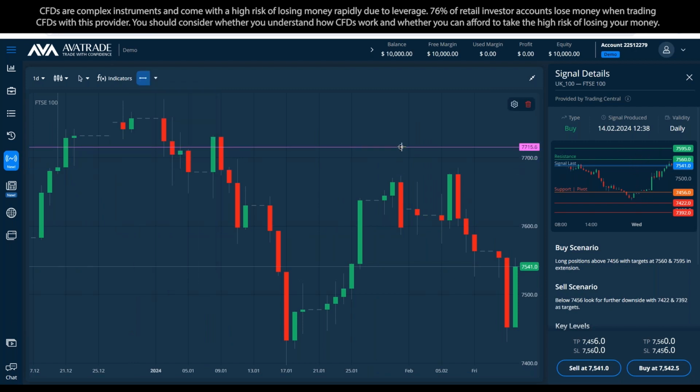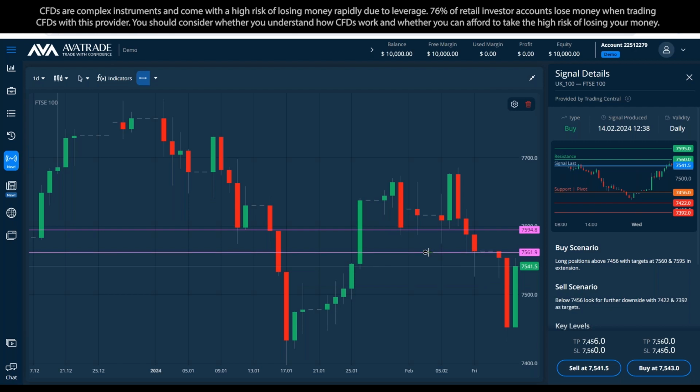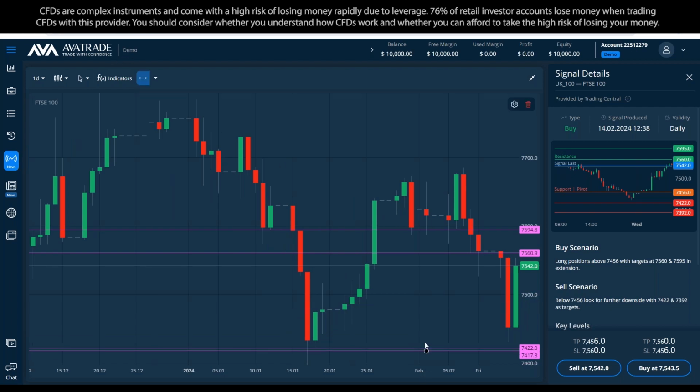Now we can see the whole picture with the current levels, and we can place them. This is not mandatory, by the way, what I'm doing. Keep in mind, it's just because I want those lines to be visible. You absolutely don't have to do what I do, but as I said before, the signal was produced upon a certain price, and I want to know that it's still useful.